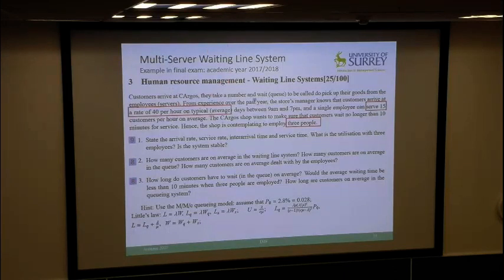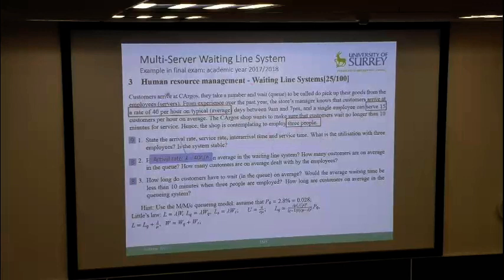This is a waiting line system, and last week we calculated part of the first question. The first question asks: what is the arrival rate, service rate, inter-arrival time, service time, and utilization with 3 employees? Is the system stable or not? Those are roughly the basic things.